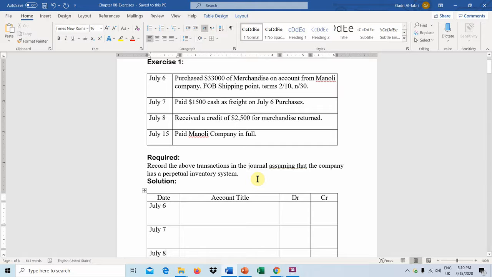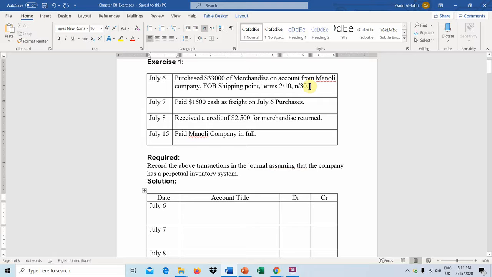We have 4 transactions. First one, purchase 33,000 of merchandise on account from Manoli Company, FOB shipping point, terms 2/10, n/30. So as you can see, we made a purchase for inventory that has a value of 33,000, but we purchased that on account, and we have a credit discount of 2/10, n/30.